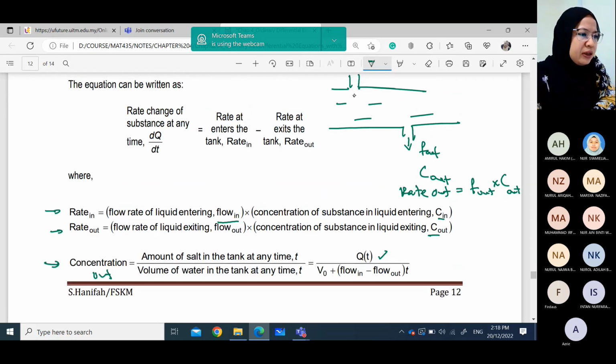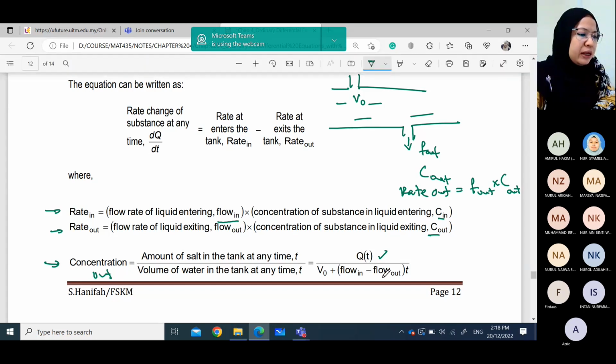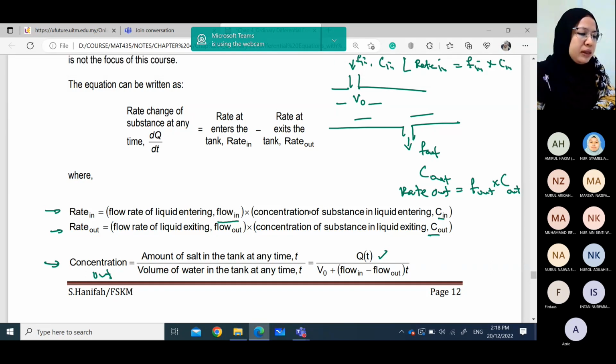V naught at T equal to 0 is the liquid already in the tank, plus flow in minus flow out, the difference between flow in and out, multiplied by T. So this is the formula for concentration out. Alright, any question?